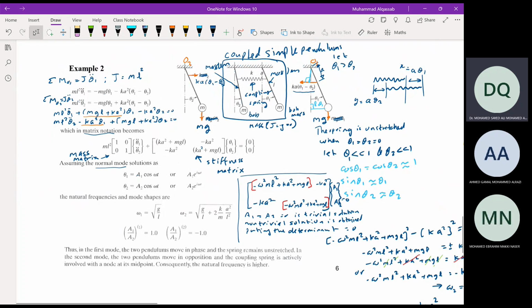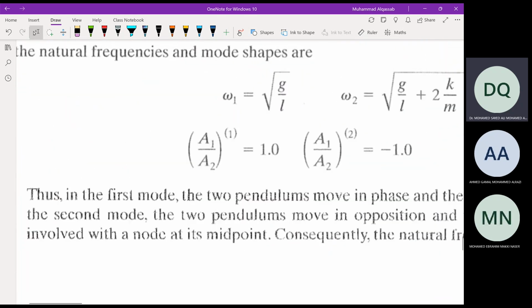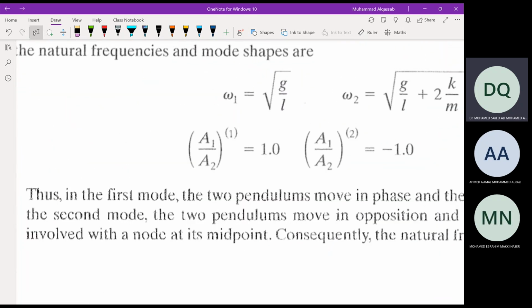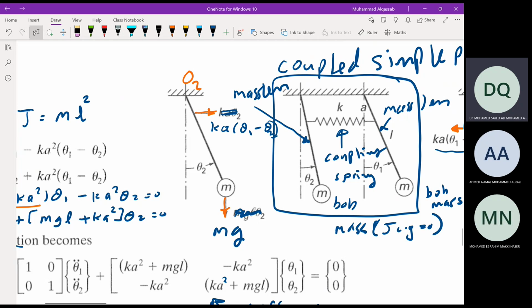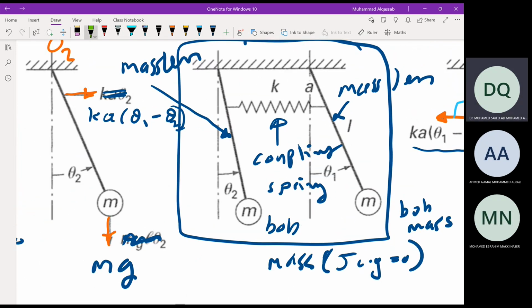And this has some meaning. For the first mode, when omega equals omega 1, the amplitude ratio is 1. A1 over A2 equal to 1 means that A1 equals A2. And when A1 equals A2, going back to the system, theta 1 will equal theta 2. In this case, the spring is not loaded because the two ends are moving in phase with the same amount.